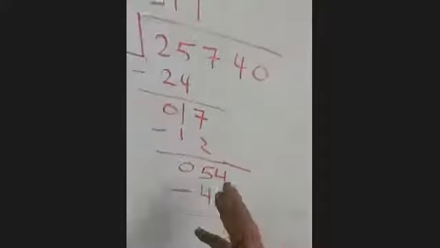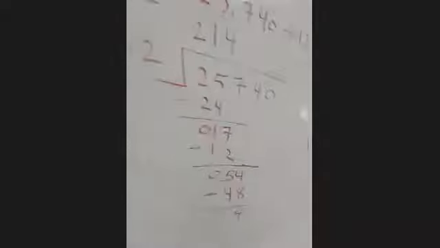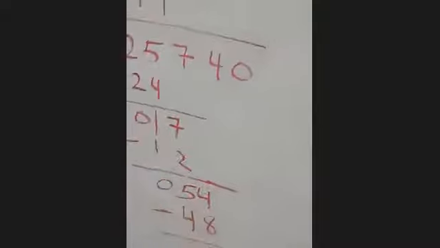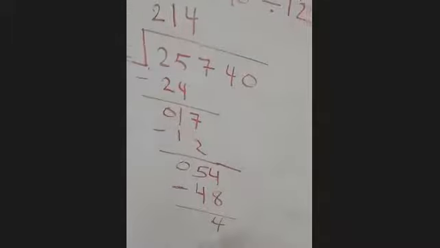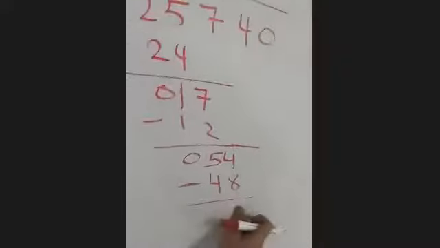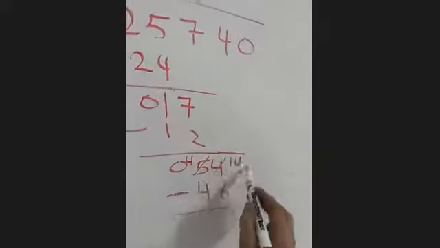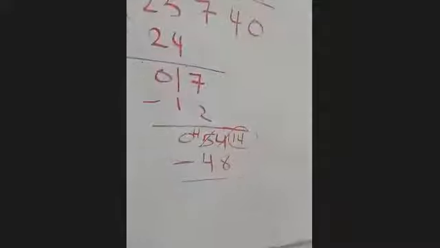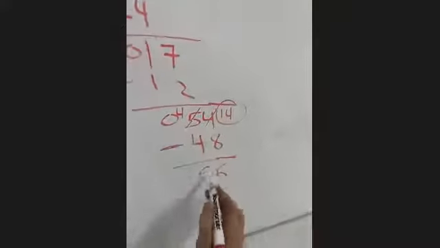This is the mistake of some of you, which is a disaster. 4 minus 8 is not 4. Here you need to borrow a number from the 5. The 5 will be 4 and the 4 will be 14. This is Grade 3. 14 minus 8 is 6. 4 minus 4 is now 0.